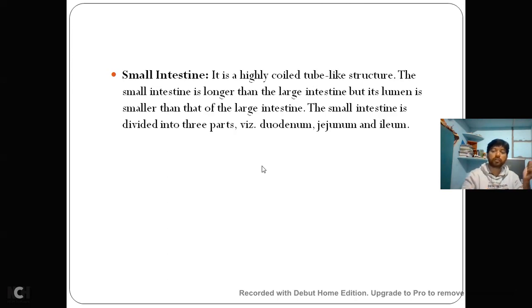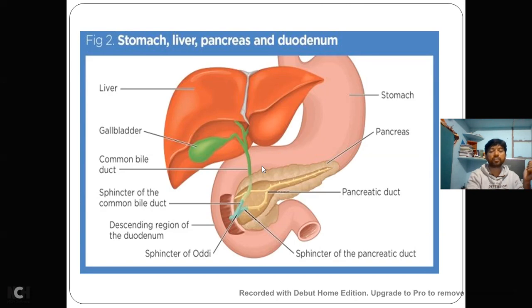Now see here, when the chyme from the stomach enters the first part of the small intestine, at that time the liver secretes the bile, which is stored in the gallbladder, right?